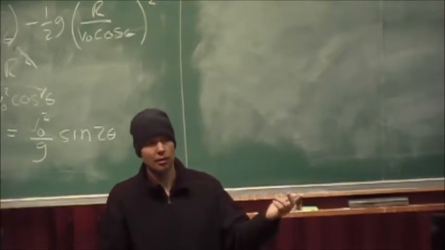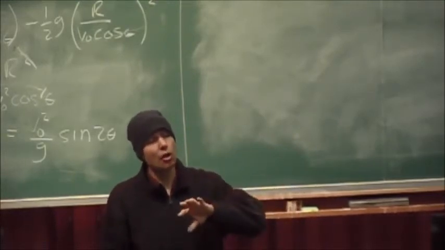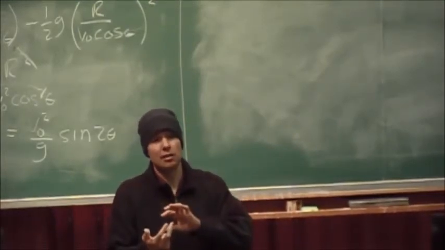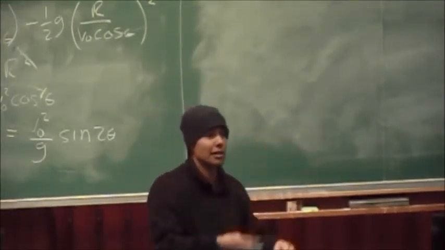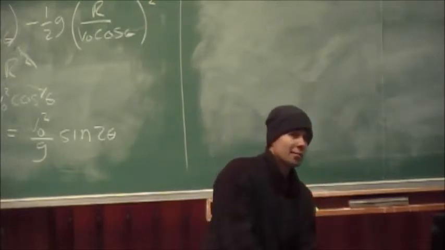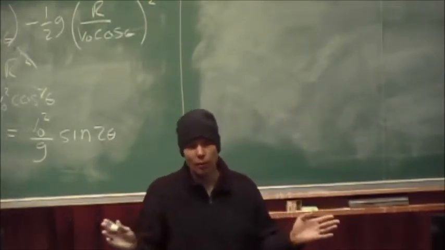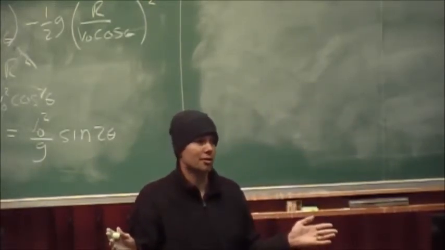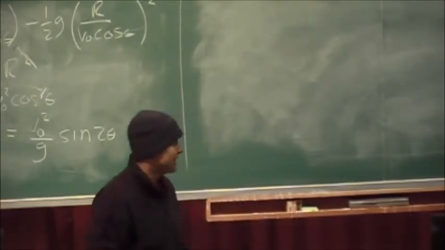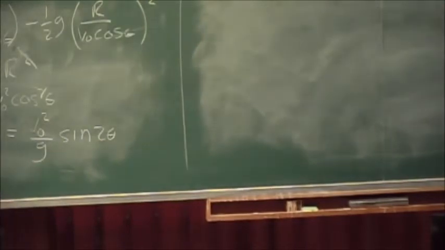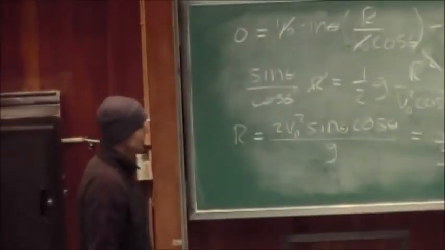Something's moving slowly, or something is very, very dense. So imagine that I toss a bowling ball fairly slowly. You might as well ignore wind resistance unless that bowling ball is going 200 miles an hour. The density is so high that the wind resistance isn't going to change things very much.